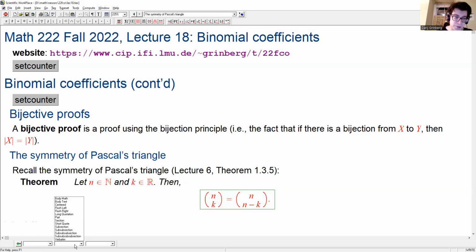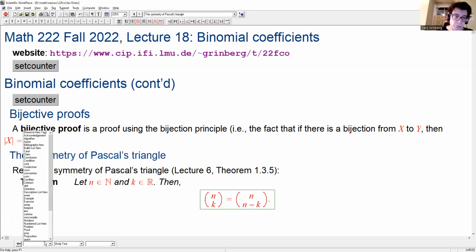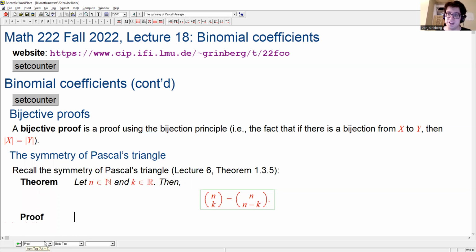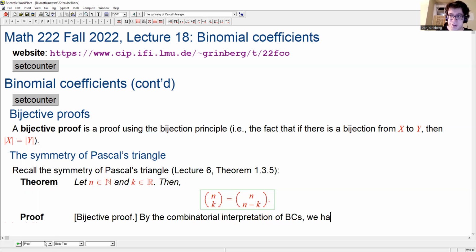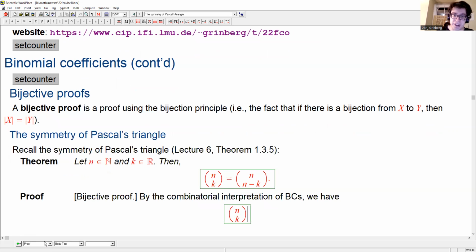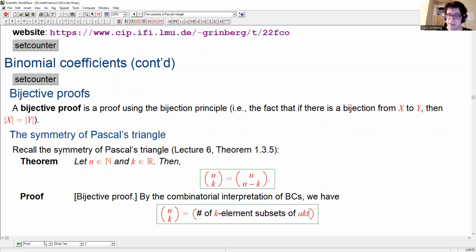Okay, how do we prove this? Well, we already know how to prove this. That was one of the easier proofs in the section, but let's prove this again. By the combinatorial interpretation of binomial coefficients, we know that n choose k is the number of k element subsets of the set n.